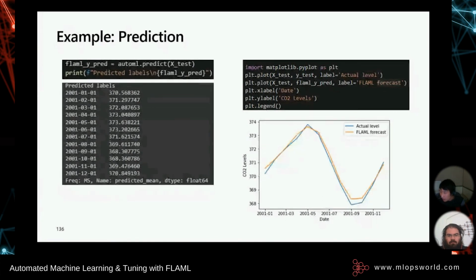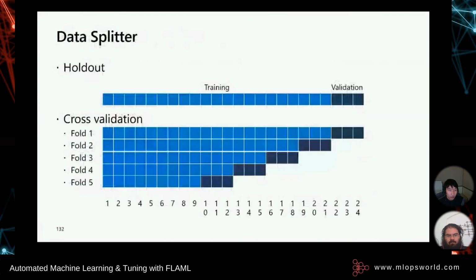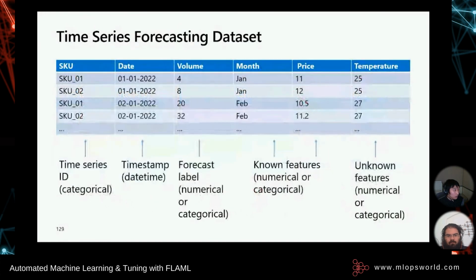There's a question from Jerry: can you please repeat why we have repetitive timestamps in the date column? Let's take a look. I assume you are referring to this slide. That's a very good question. So why do we have multiple identical days like these two? If you look at the first column, the SKU column, that's an ID column for time series.